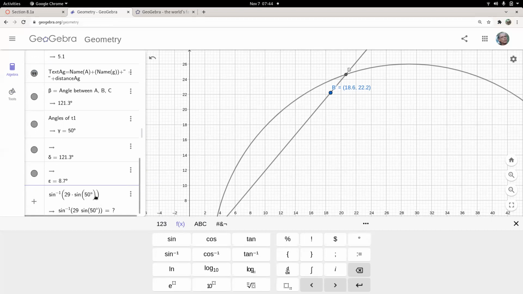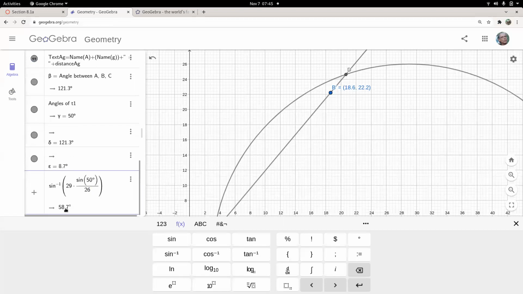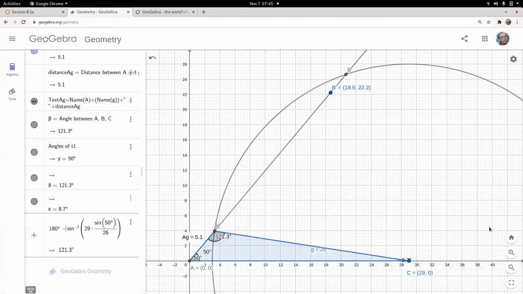And then outside of that sine, but inside the sine inverse, there's going to be a divide by 26. Remember, the arc sine only gives us acute angles. So that's the acute angle. If I had drawn the triangle with D, to get the obtuse angle, I just do 180 minus that. So I'm going to sneak in front and do 180 degrees, don't forget degrees, minus that. And there's the 121.3, which should match the angle I have here.